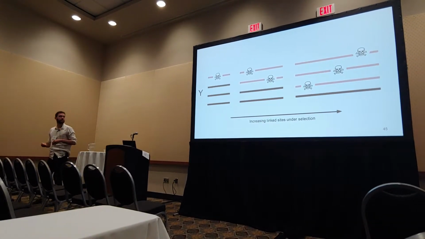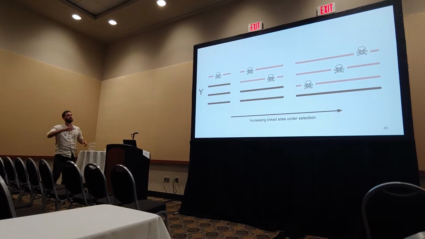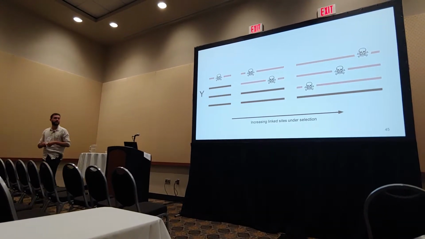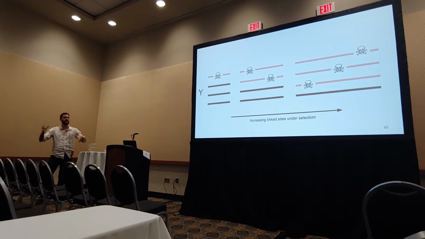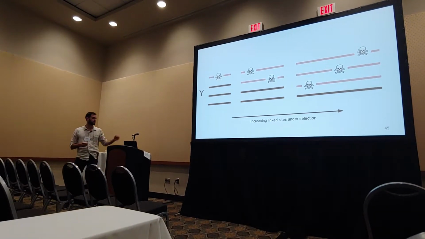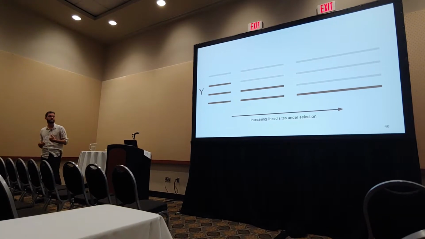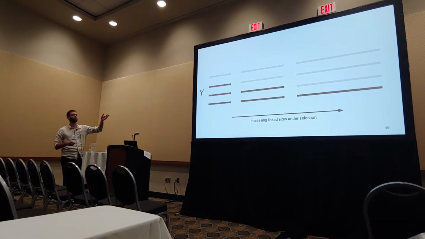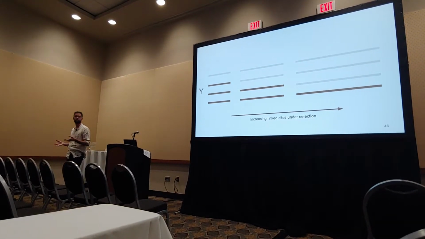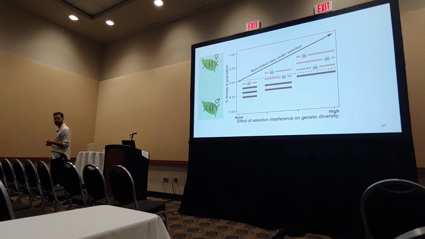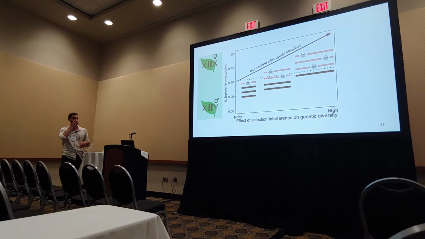And so how this would look is, if we increase the number of linked sites under selection on the Y, we should imagine that the effect of this interference selection is getting more serious, so that we have both a more sex-biased ratio in the next generation as we're removing more Ys, and we're also removing more genetic diversity. So what I did is some simulations of this process in SLiM.